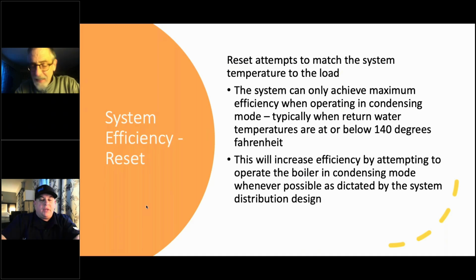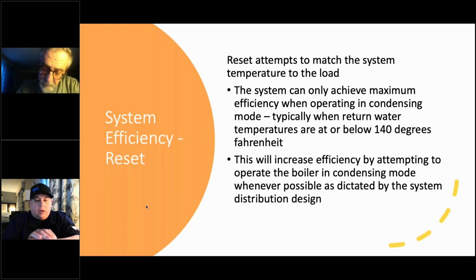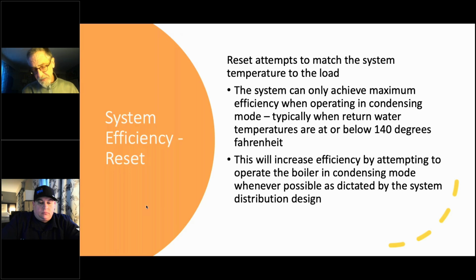Again, this is not part of what we're talking about today, but even if you use the sensor or the internet weather, you can adjust the boiler up to 12 degrees, either higher or lower than what the sensor is reading, to help match it to the system requirements. So there's a lot of fine tuning available there.